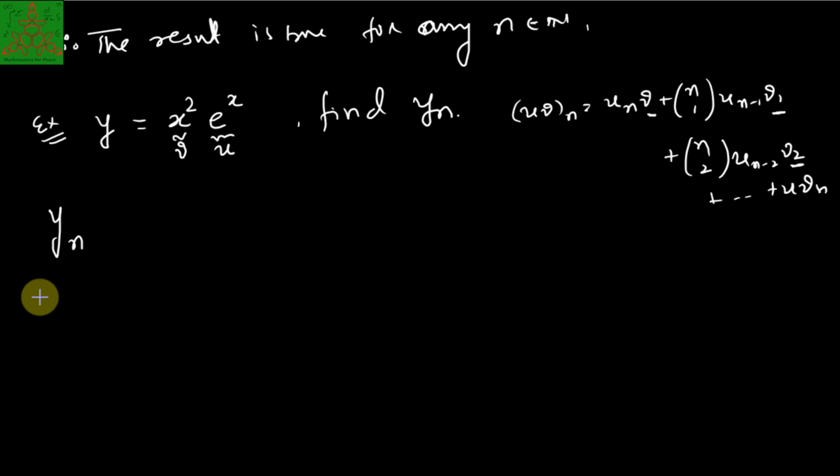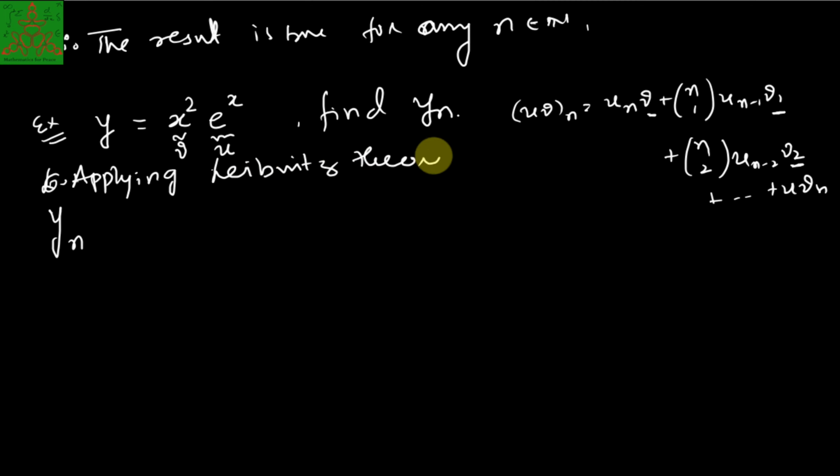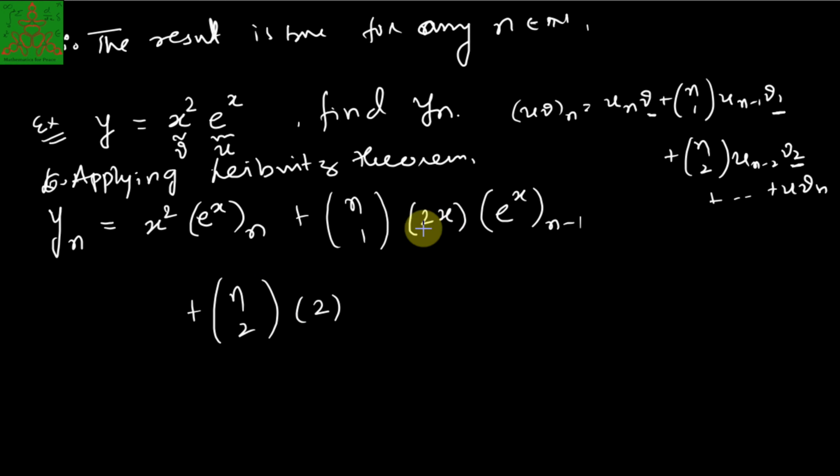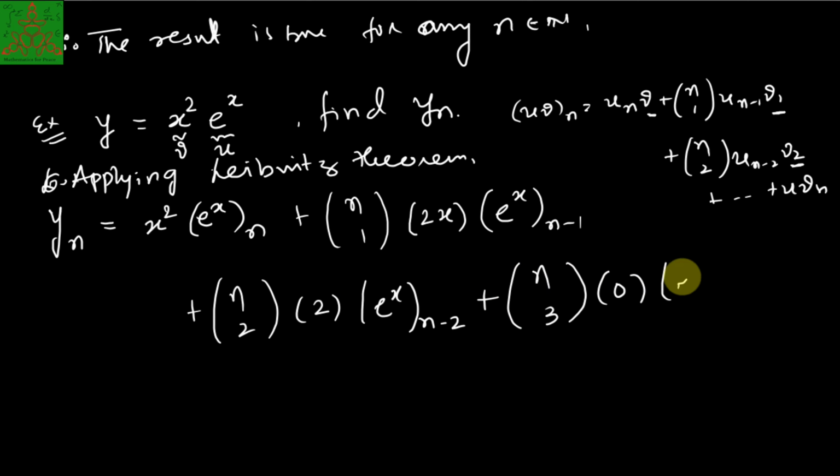So if I apply this Leibniz theorem, we have yn, that is the nth derivative of x square e power x, equal to u_n v plus nC1, the first derivative of x square, that is 2x, e power x n minus 1th derivative, plus nC2, the second derivative of x square, that is 2, e power x n minus 2nd derivative, plus nC3, derivative of 2 is 0, and e power x n minus 3.